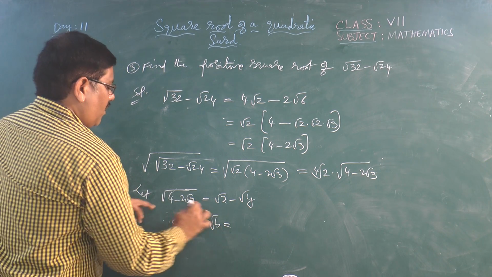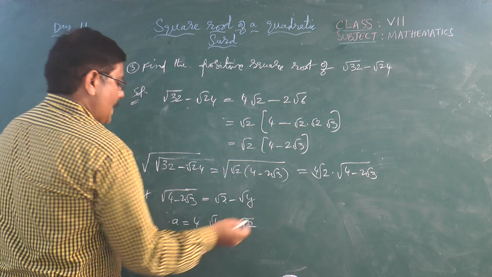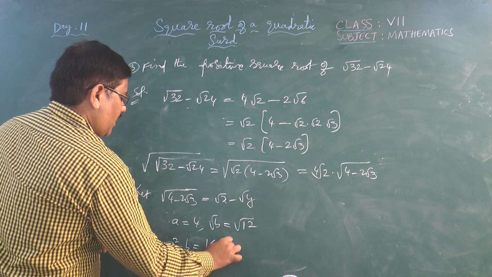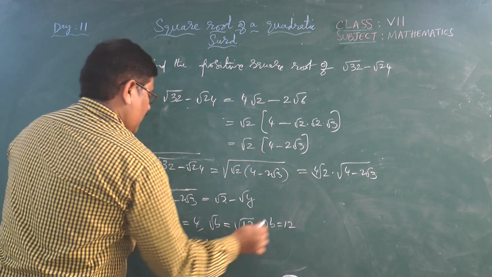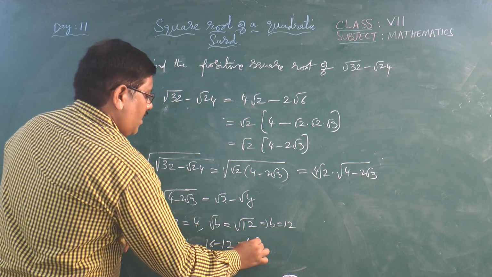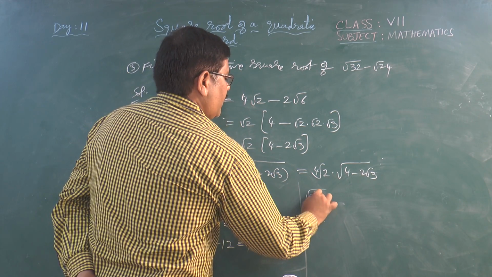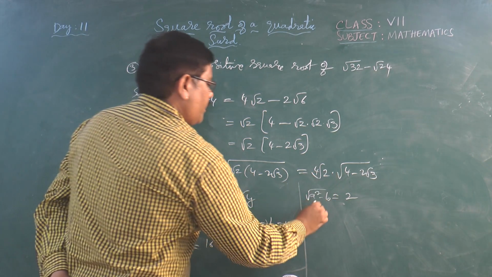Root b, we have to write it in its pure form, that is nothing but root of 4 threes are 12. Now we will find out a square minus b. A square minus b is 16 minus 12, because here b is 12, that is equal to 4. Now root of a square minus b is going to be 2.